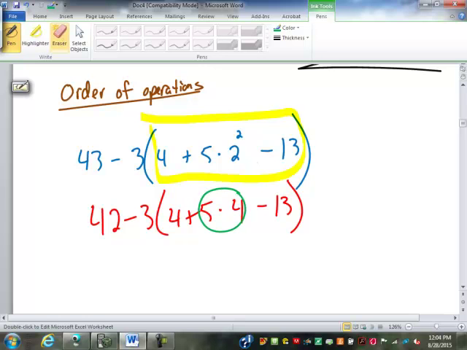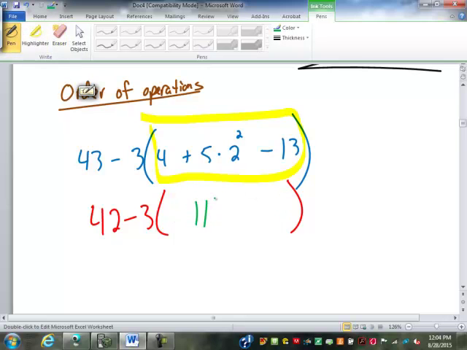5 times 4 is 20. So I'm just going to erase those and put a 20 in there. What's next? 4 plus 20 is 24. And then minus 13 gives us 11.